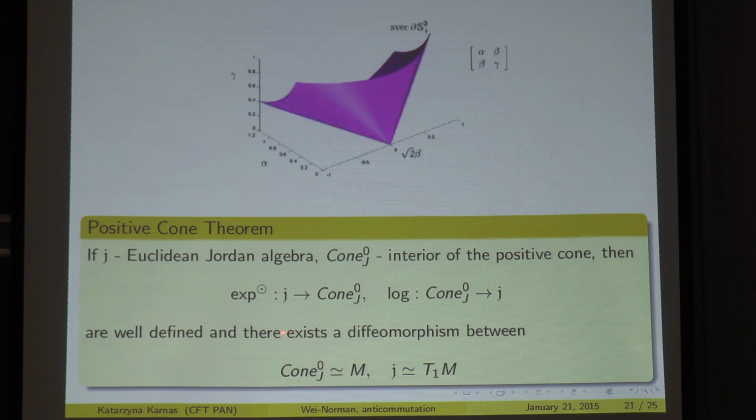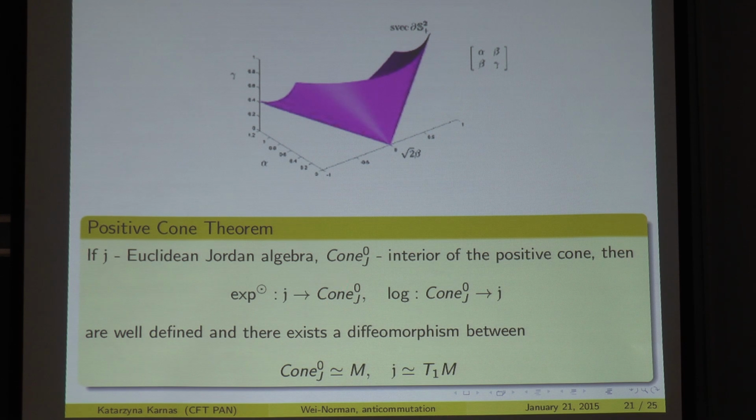That means that one can identify the interior of the cone of a Jordan algebra with a manifold, by diffeomorphism, and the algebra could be identified in tangent space, and then there is a well-defined exponential mapping acting on elements from the algebra and transforming them into elements of the cone.